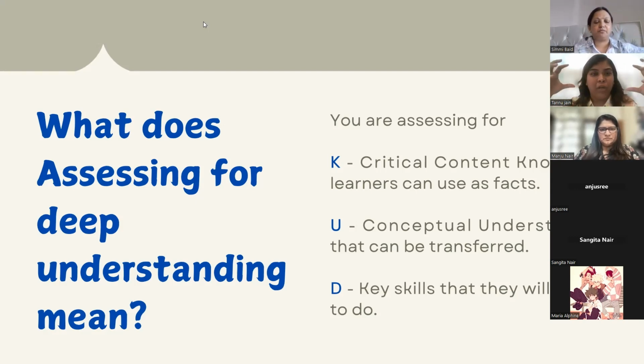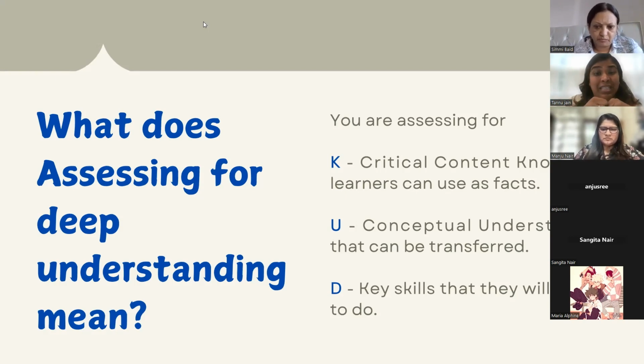This is a common framework when we design assessments and learning intentions. You're assessing the critical content knowledge. By knowledge, I mean the topics and the facts that are locked in time and space, that are not transferable ideas.